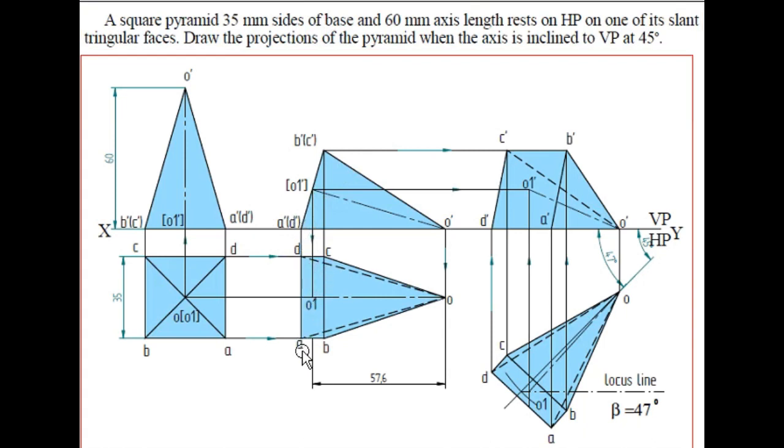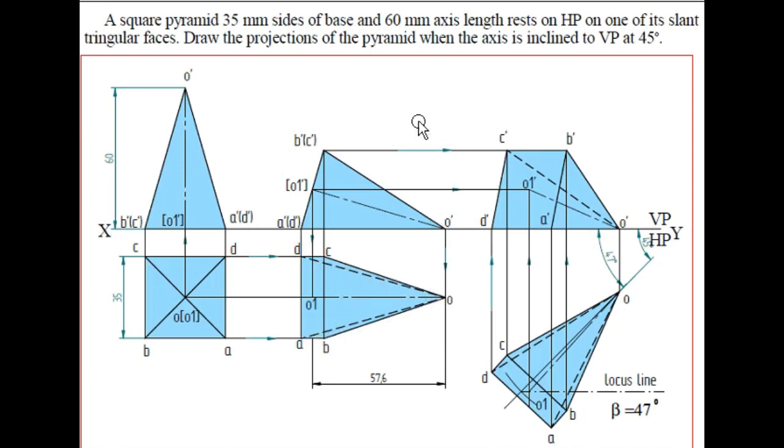You can see here A is connected to O, so that is shown in hidden line, and D is also connected to O, that is shown in hidden line. D and A are connected but not shown in hidden line because they form an outer line. That is why I told initially that the outer line should be represented by visible line, and the farthest points are A dash and D dash. So whatever line is connected from them should be represented in hidden line.